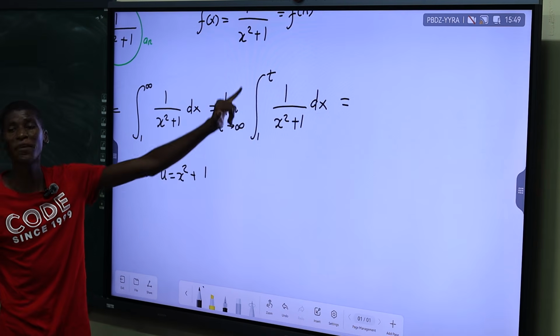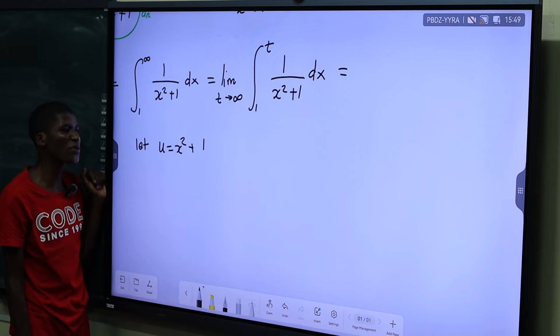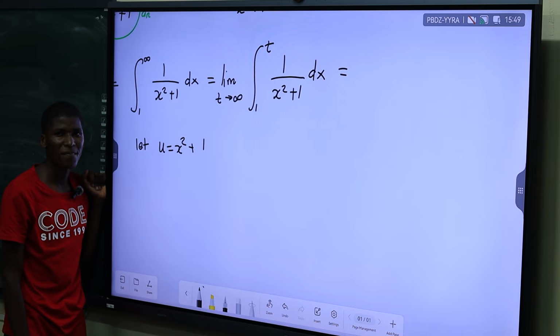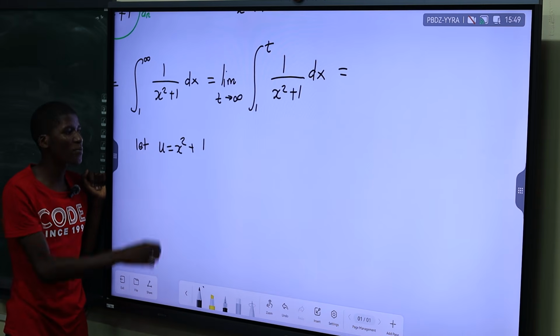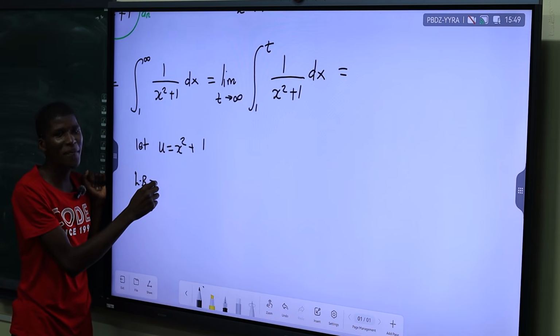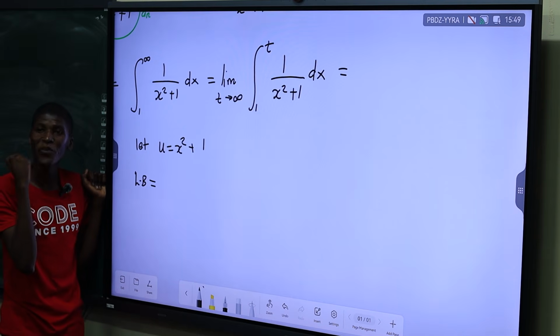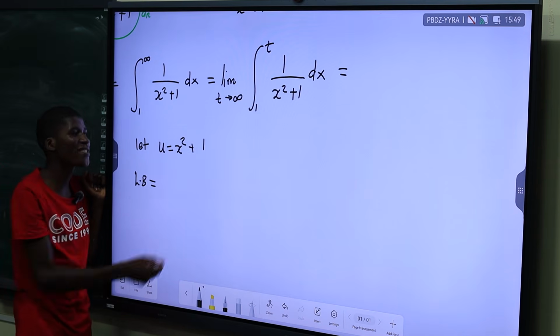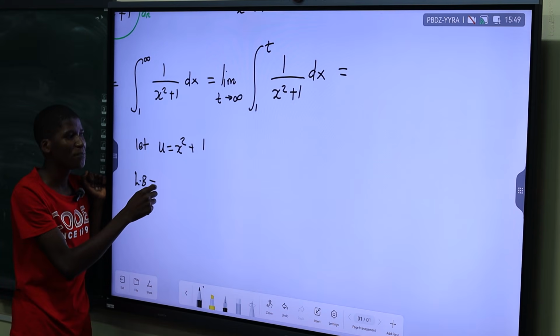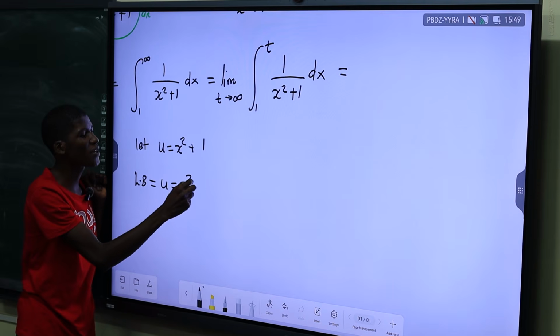You must also change the bounds, right? So change the bounds. What is going to be our lower bound? Don't forget, you did calculus 2 just a couple of months ago. How do you express the lower bound in terms of u? Well, this is going to be 1 squared plus 1.